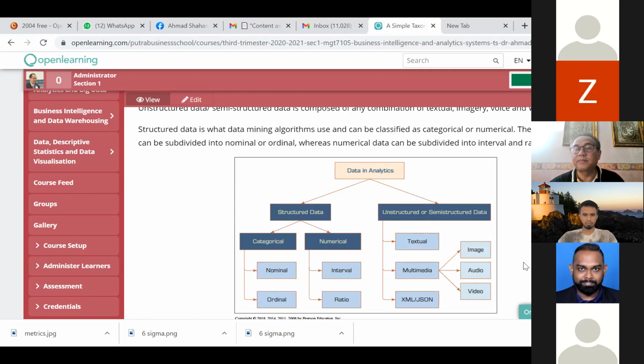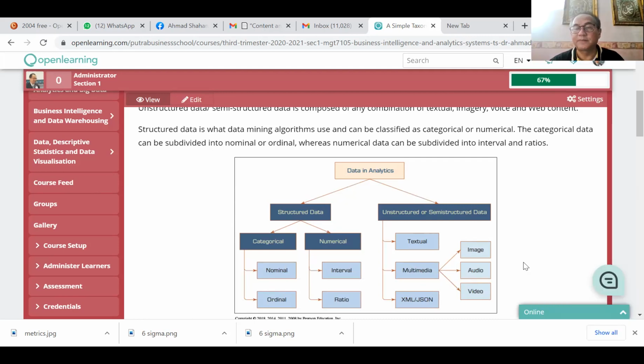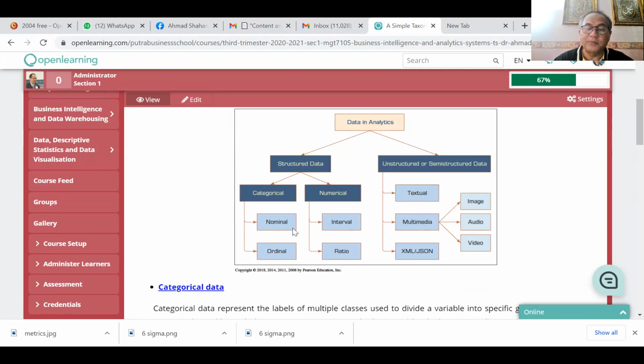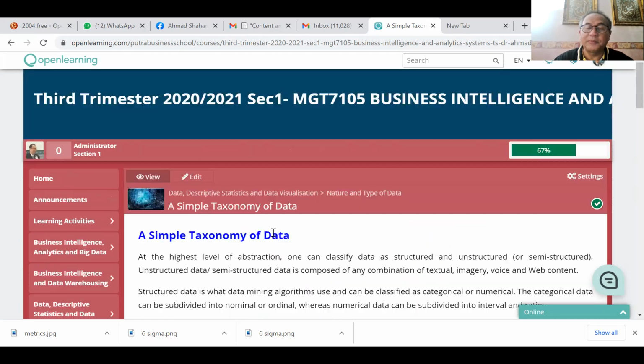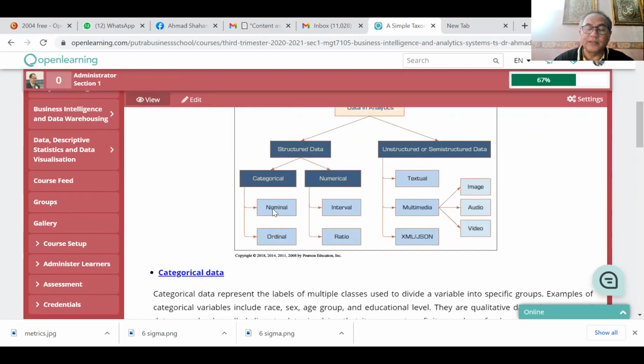But for this part, we will look more towards the structured data first. So structured data, there are two types, categorical and numerical. We have nominal, ordinal, interval, and ratio. Categorical and nominal, we mentioned just now, it is distinctiveness, and ordinal where you rank, and interval.